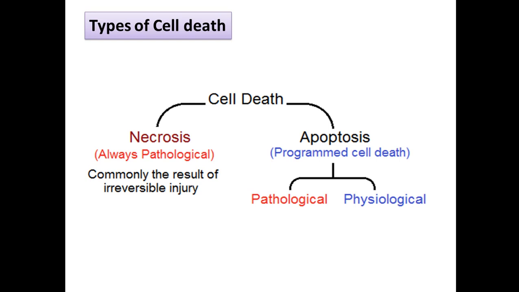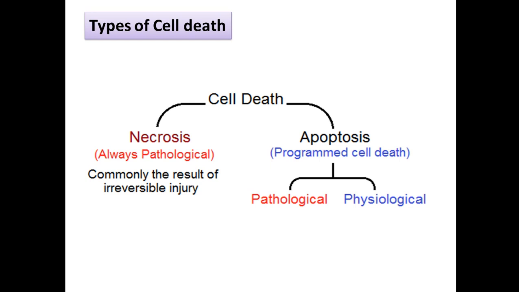Necrotic cell death occurs commonly as the result of irreversible cell injury. When the cell is so much injured that it cannot reverse to its normal state, the cell will die by necrotic cell death.